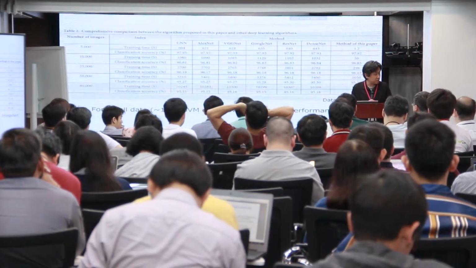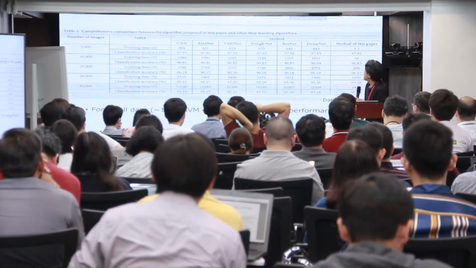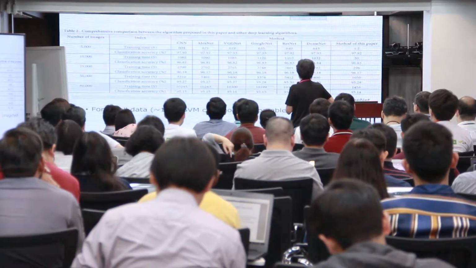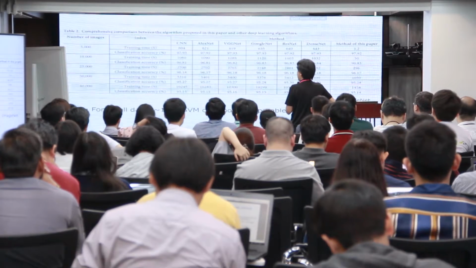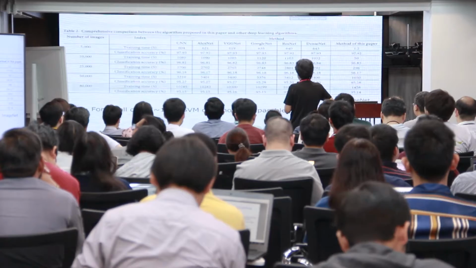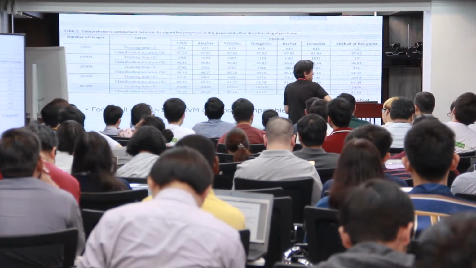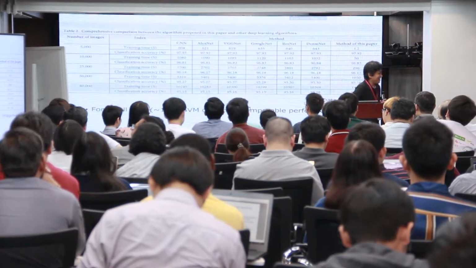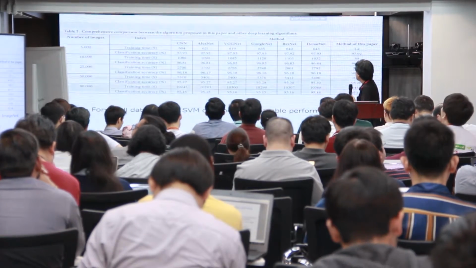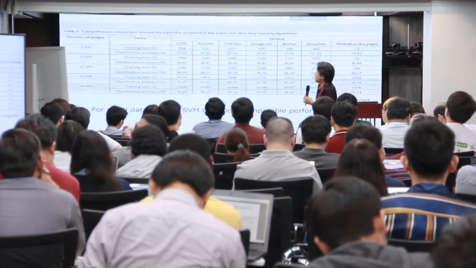Quick question. Why is the accuracy going down when you increase the number of training images? Like it starts from 97 and then becomes 95 and less. Yeah, that's true. That's strange.